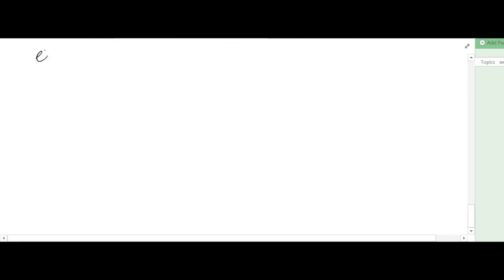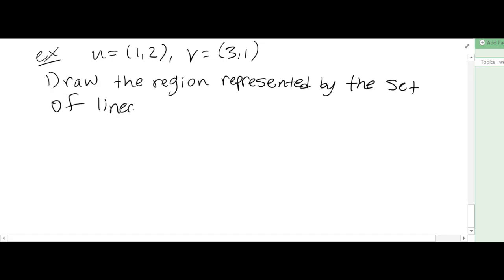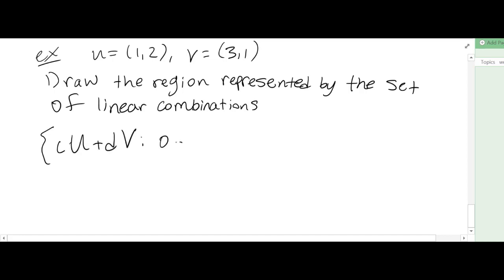For example, if I give you two vectors, (1, 2) and (3, 1), we can try to draw a bunch of linear combinations. We try to draw the region represented by the set of linear combinations cu plus dv, where we can do c's between 0 and 1 and d's between 0 and 1 to start with.